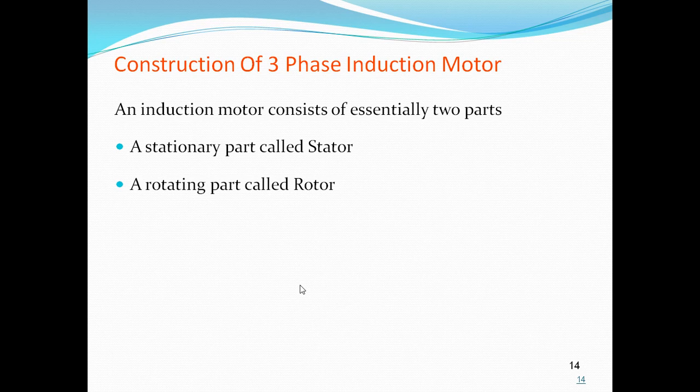The next point is to prevent possible magnetic locking, called cogging, of the rotor with the stator. So that's why the rotor slots are not made parallel to the shaft. They are skewed at a certain angle.